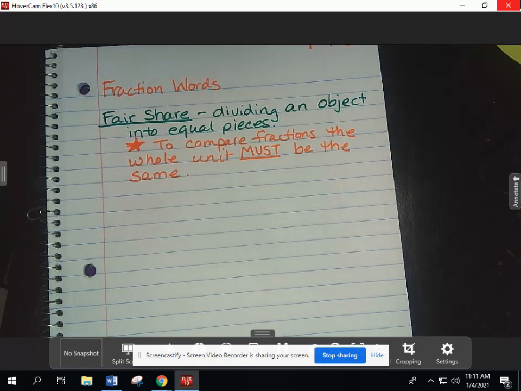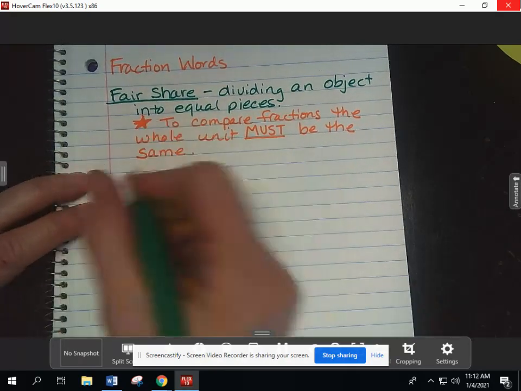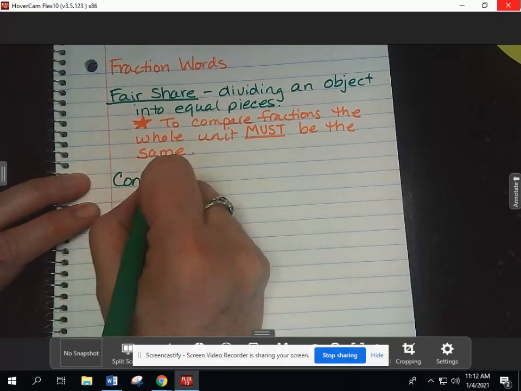So when you're talking about dividing things up, they have to be the same sizes. Fractions are talking about sizes of things. Another word we need to understand is something called congruent.